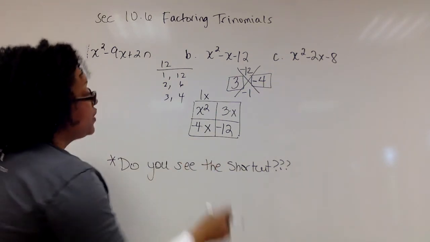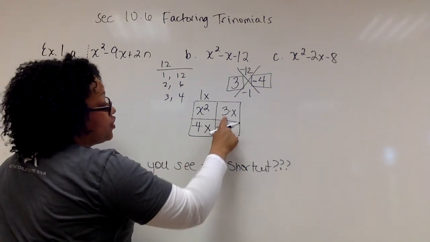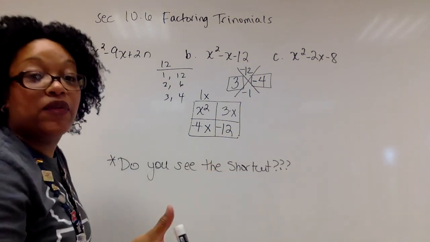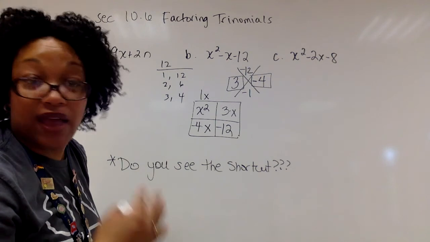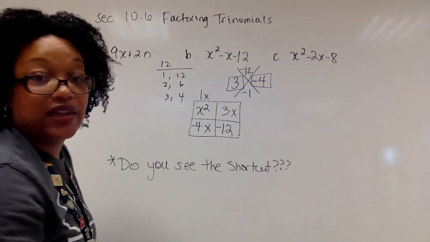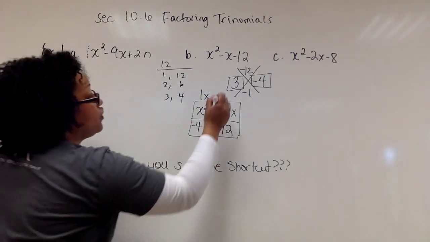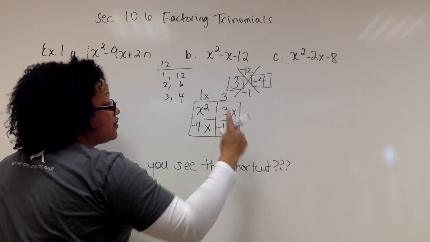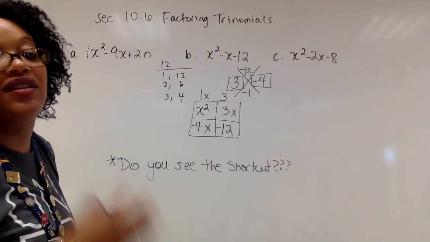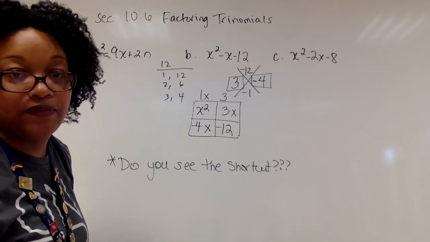My GCF between the 3 and the 12, well, what's the biggest number that goes into both of them? The GCF between 3 and 12 is just 3. And because this bottom corner doesn't have an x, the GCF for the two terms is just 3. That's not 3x.